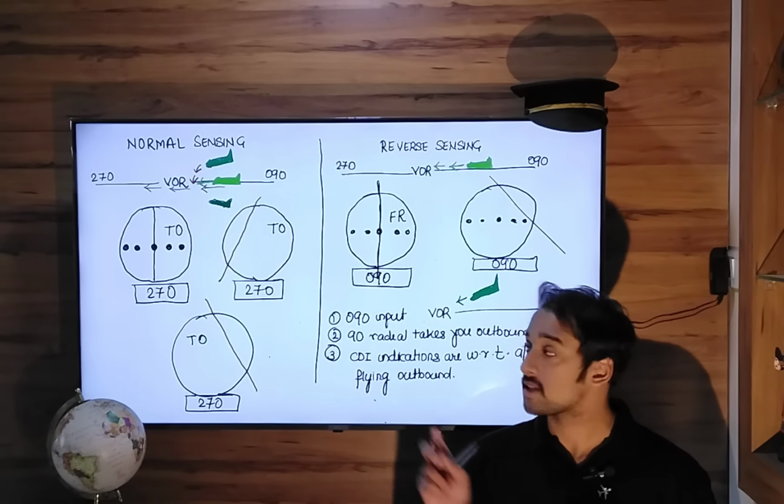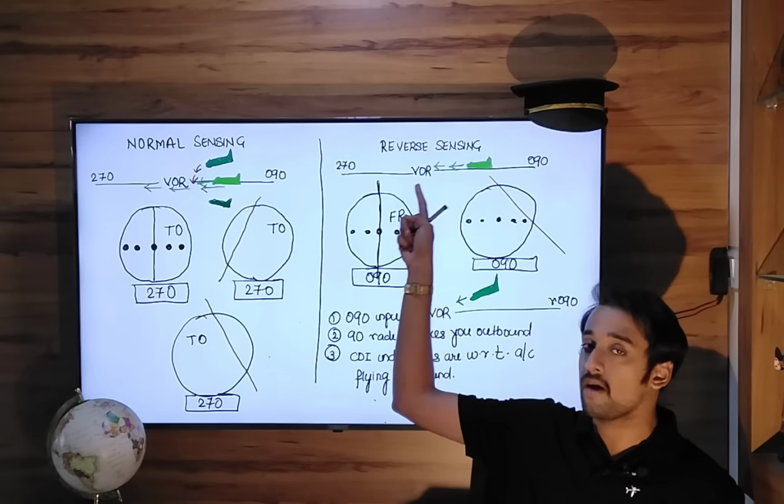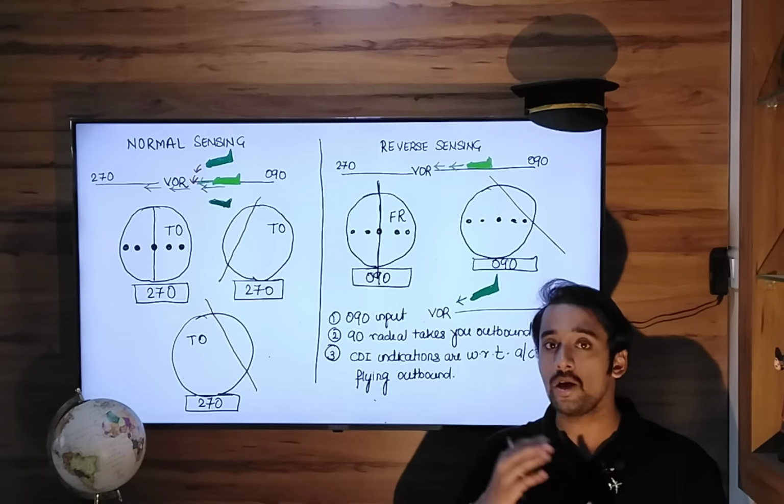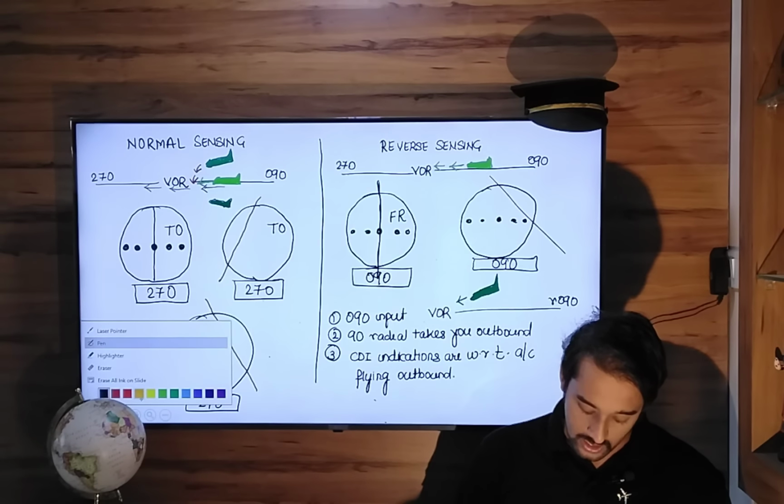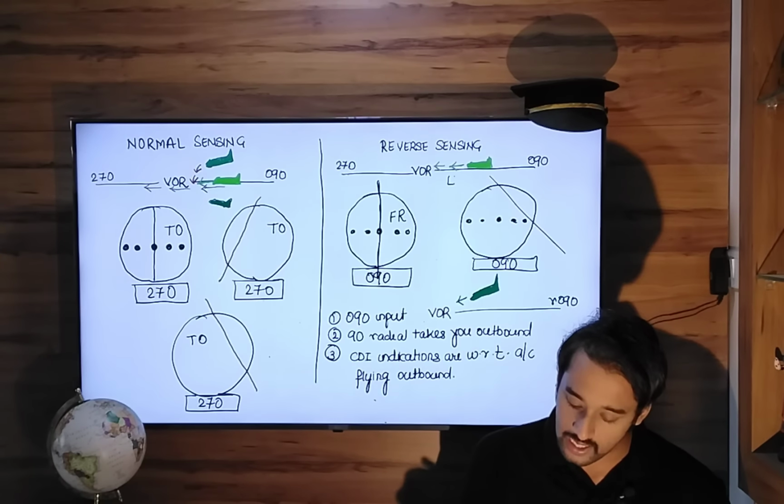So you have to imagine, in reality, you are flying inbound towards the viewer. So all your left and right indications will be with respect to that. If you are flying inbound towards the viewer, this will be your left hand side and this will be your right hand side.